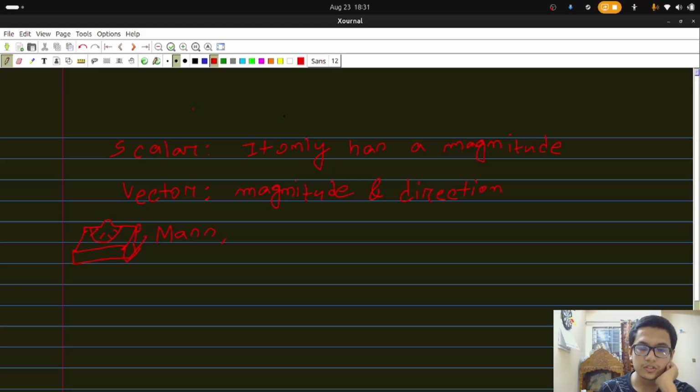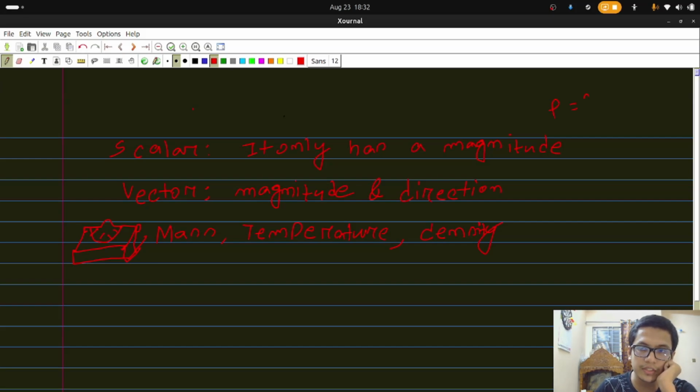So it's mass, and you can also say your temperature that we measure with our thermometer, and we can also say, suppose, density. Yeah, density can be a scalar quantity. I'm not sure about the density one, but density is what?